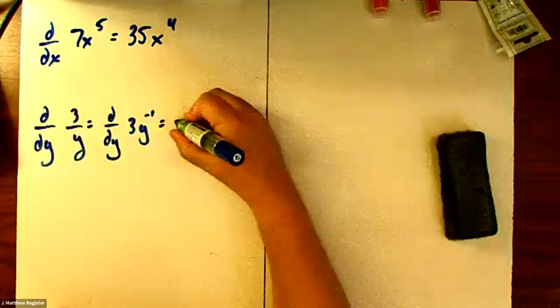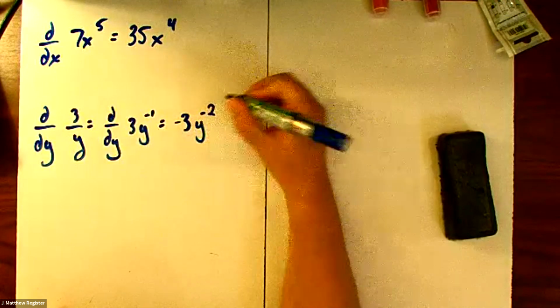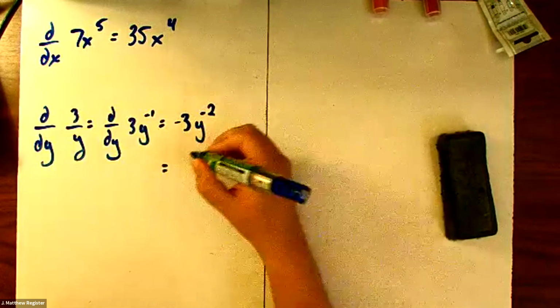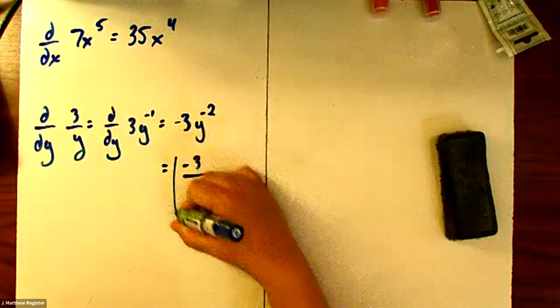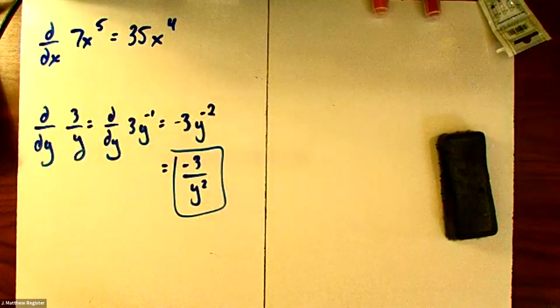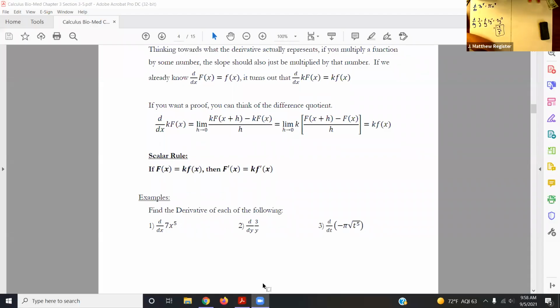Bringing the exponent down, we get negative 3 y to the negative 2. And if you wanted to, you could clean that up, make it negative 3 over y squared. And so that's our scalar rule. So far, we've got the constant, the power, and the scalar.